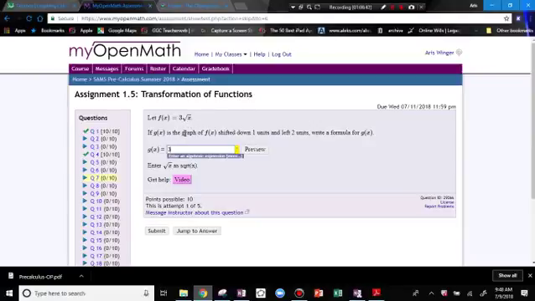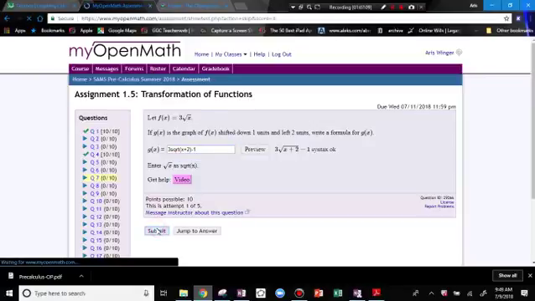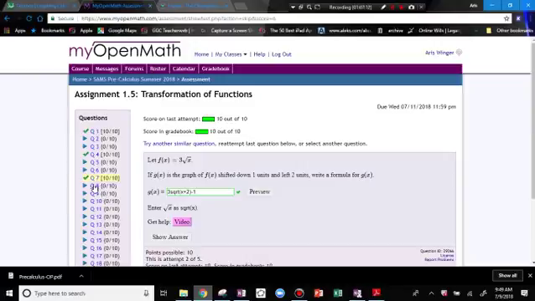Okay, so that's 3 square root of x plus 2, 2 units to the left, 1 unit down. Let's see if it likes that. Okay, good.